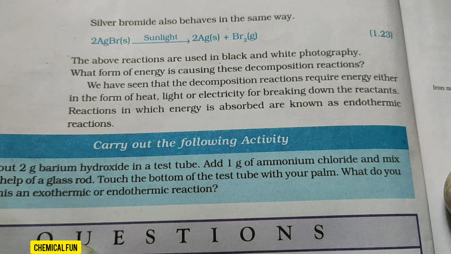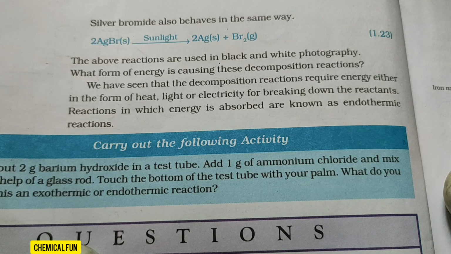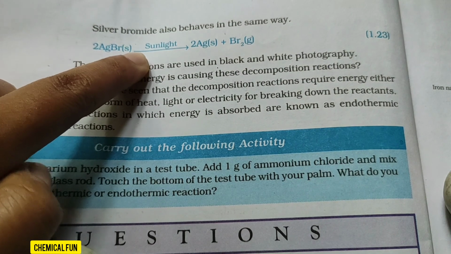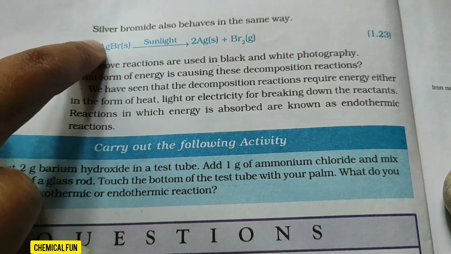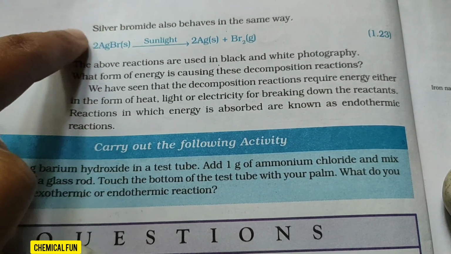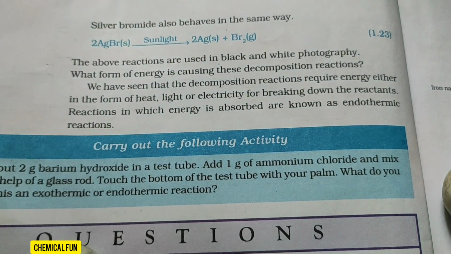Heat we have seen, electricity we have seen, now we have seen sunlight, the light energy. So that was the last type of decomposition reaction, the photolytic decomposition reaction. Here all of this has absorbed energy, the sunlight, the heat, the electricity supplied to the reacting system.